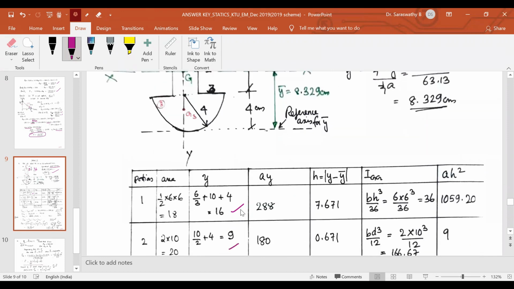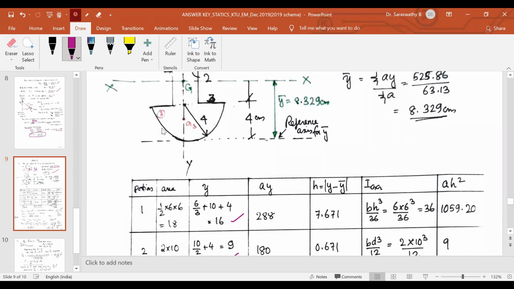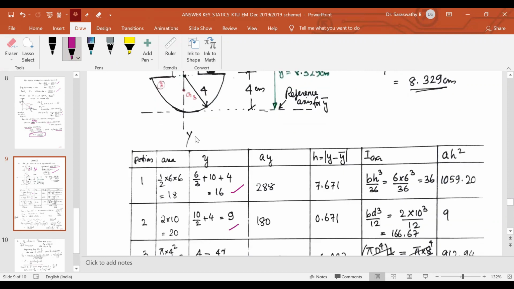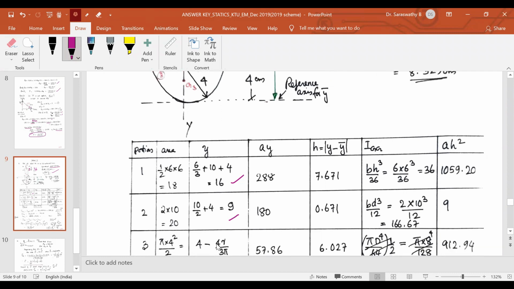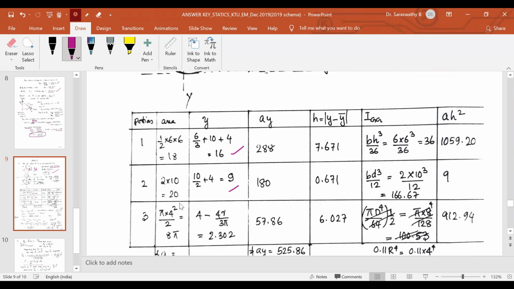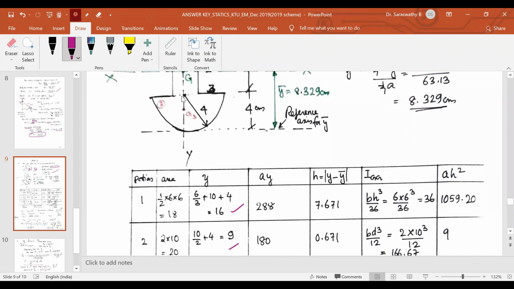The third area is a semicircle. Area of a circle is pi r square. So for a semicircle, it is pi r square by 2, because the radius given here is 4 centimeter.